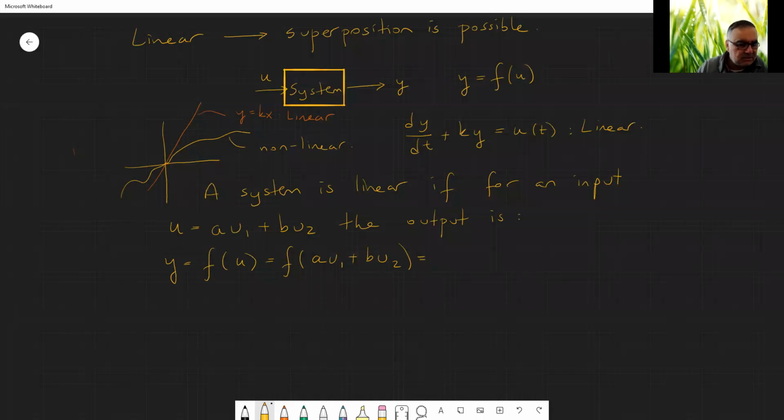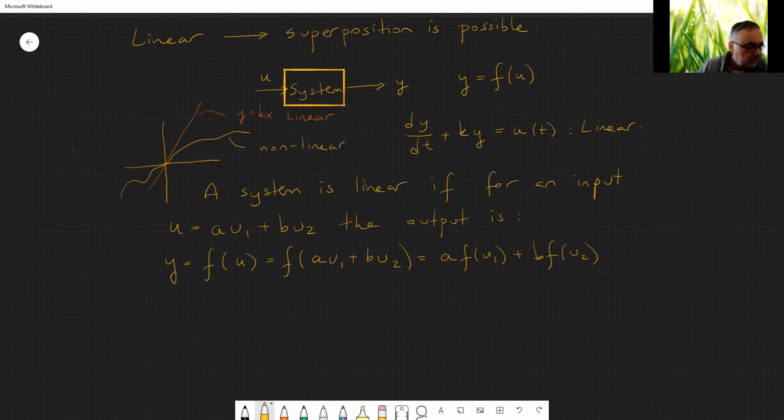But now it is linear if this is true: A f(u1) plus B f(u2). If this is true, then the system is linear. This means superposition, basically. So a linear combination of inputs produces an output that is a linear combination of the outputs.